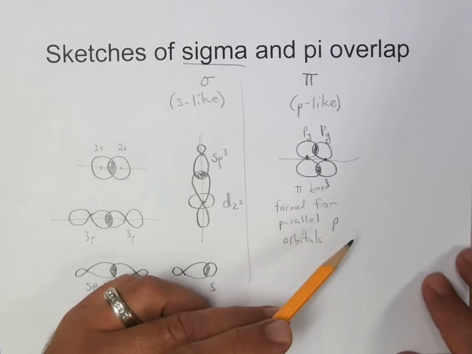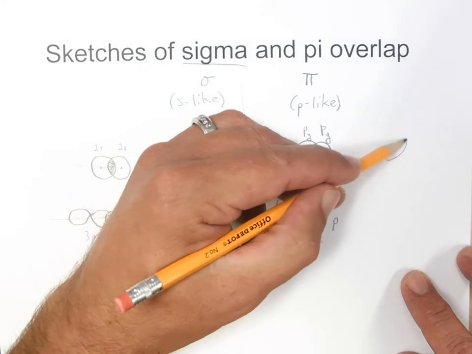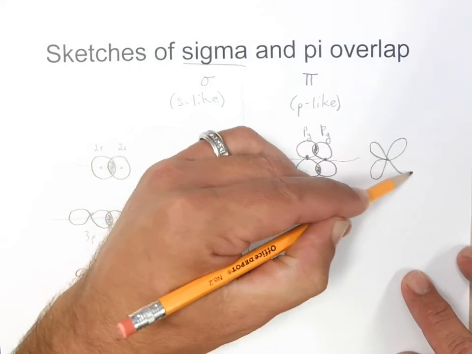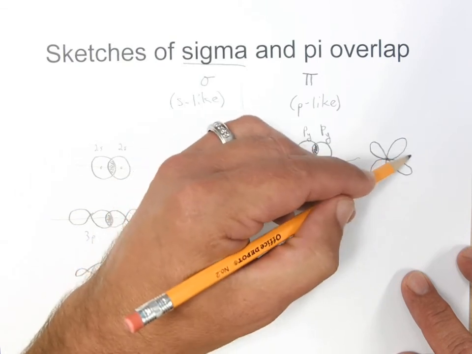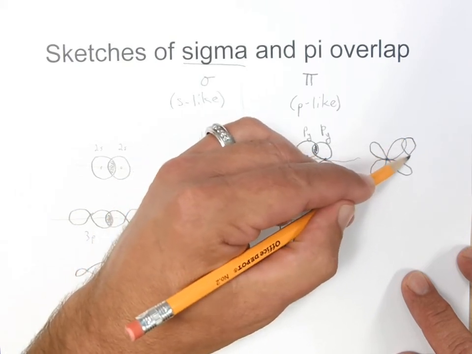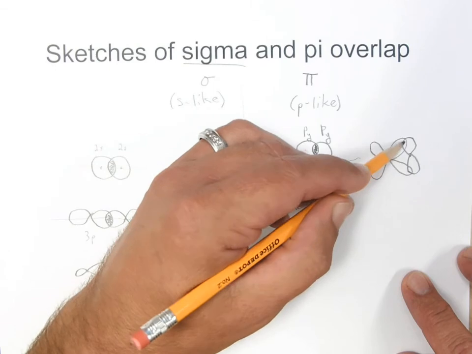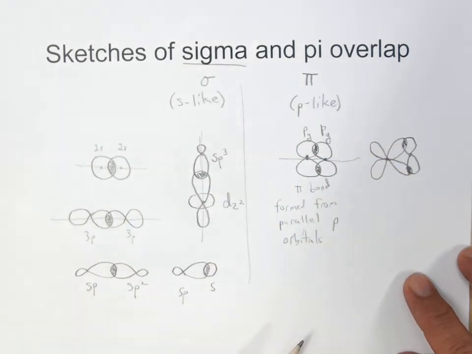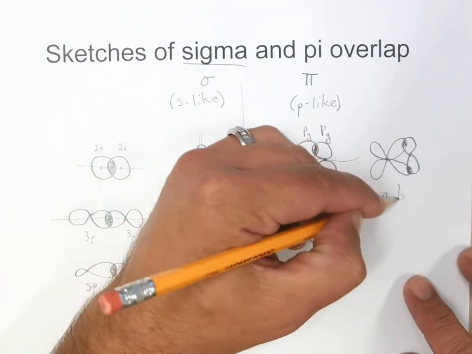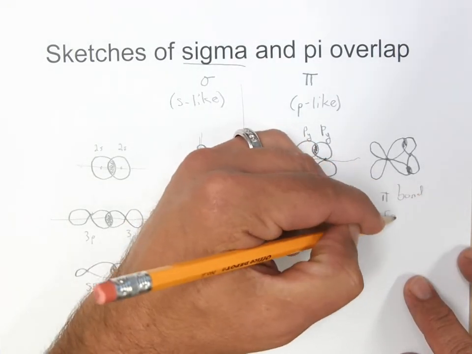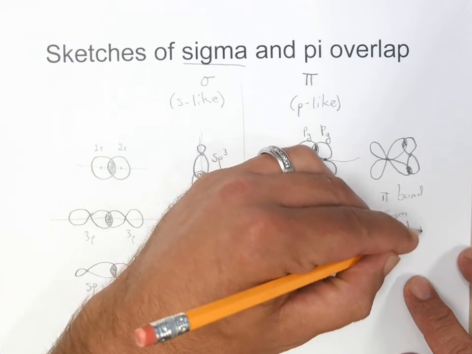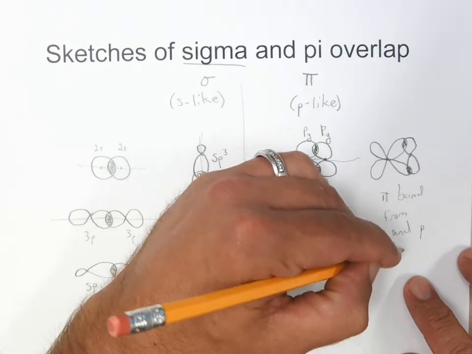And if you go on to some exciting inorganic chemistry, you might see a crazy d orbital saddling up next to a p orbital. Again, the result would be this double overlap that would result in a pi bond. So this would be a pi bond from d and p orbitals.